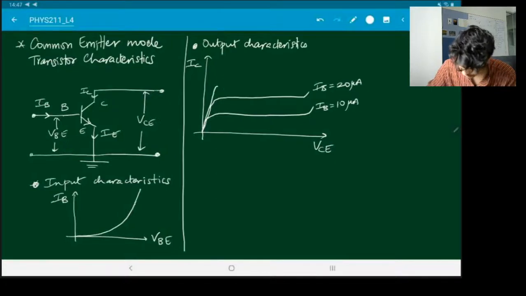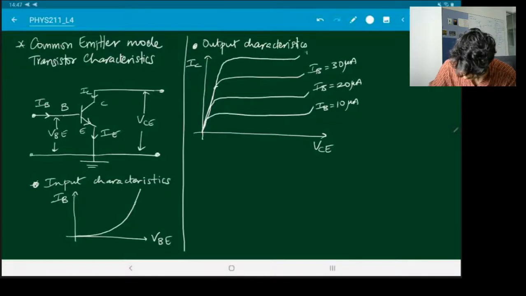If you take some even higher value, you get this, and so on. And when IB is 0, you might get this.